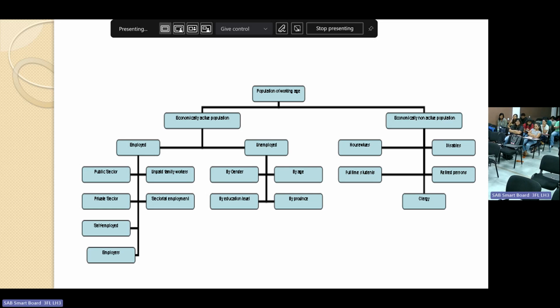Unemployment also you can analyze gender-wise, education-wise, province-wise, and rural or region-wise. By looking at this unemployment profile, we get a deep understanding of the unemployment problem. We also have youth unemployed and teenage unemployed, and those are features we can identify by analyzing unemployment.